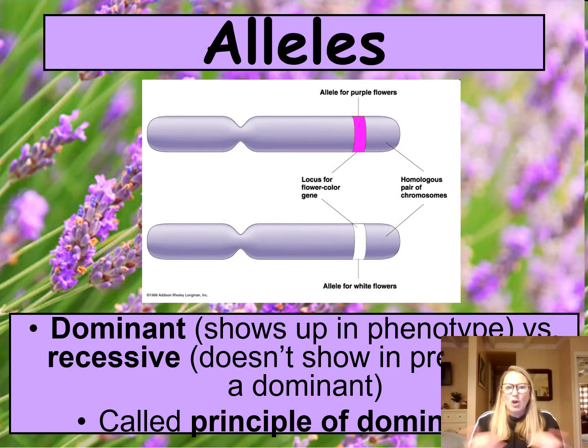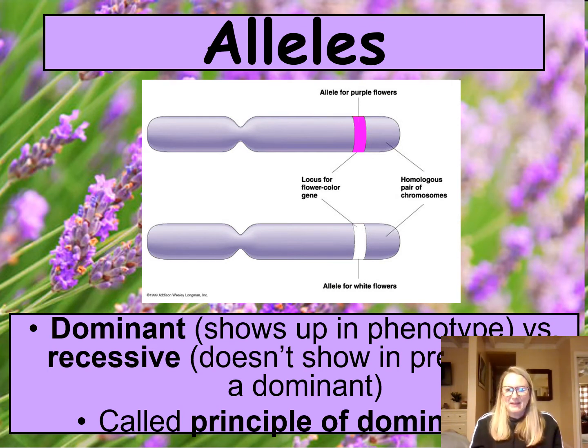However, if you don't inherit a dominant from either parent, you inherit a recessive allele, a recessive version from the other parent, and they come together to make you, then you will express the recessive. This is called the principle of dominance, and it was described by a very famous geneticist, kind of pretty much the father of genetics, named Gregor Mendel, and we will talk about him in a second.